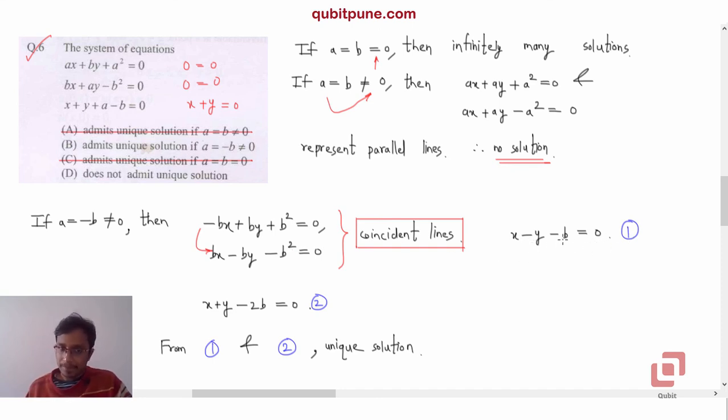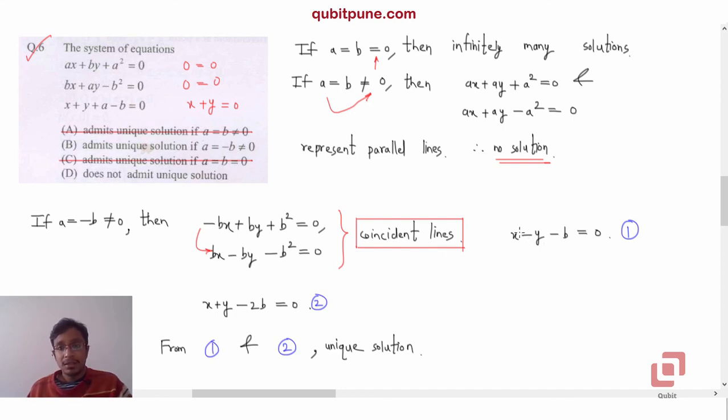Now if we were given just the first two equations with the condition in option B, we would have said infinitely many solutions, but there is a third equation present, and that is x plus y plus a minus b equal to 0. Now if a is equal to negative b, that boils down to x plus y minus 2b equal to 0.